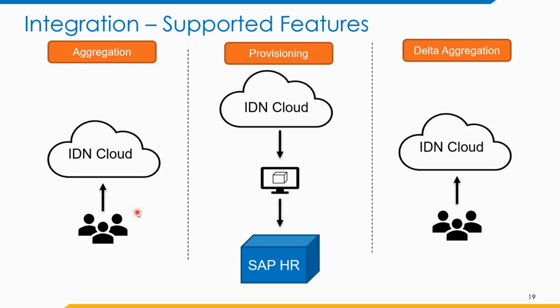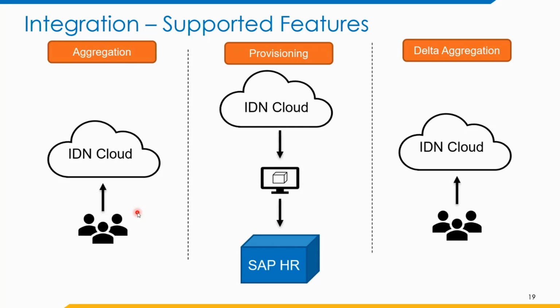So, coming to delta aggregation. In a normal aggregation, even if there are no data level changes for the accounts, the data will be aggregated to IdentityNow. This may increase the load on the SailPoint Identity Cloud system. So we have a feature called delta aggregation, which only aggregates the data that has changed since the last aggregation.